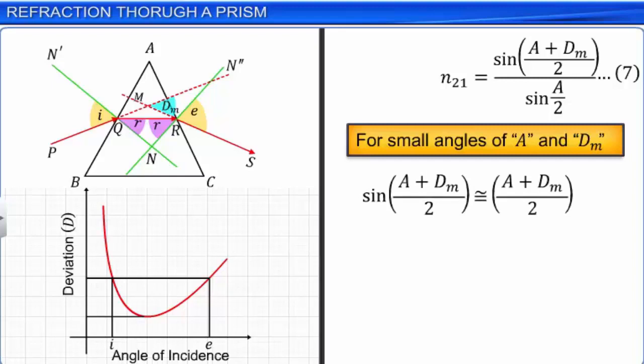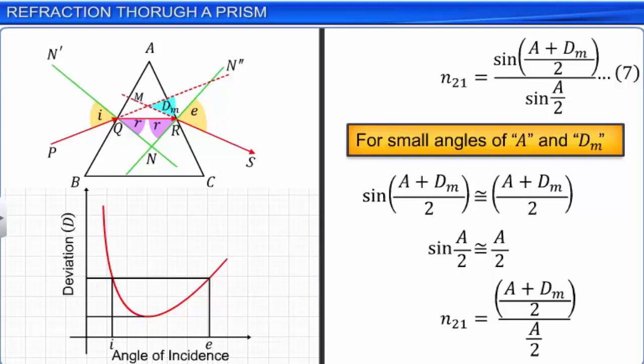On simplification, we get Dm is equal to A(n21 - 1). Therefore, for prisms of small refracting angles, minimum deviation is small and is independent of the angle of incidence.